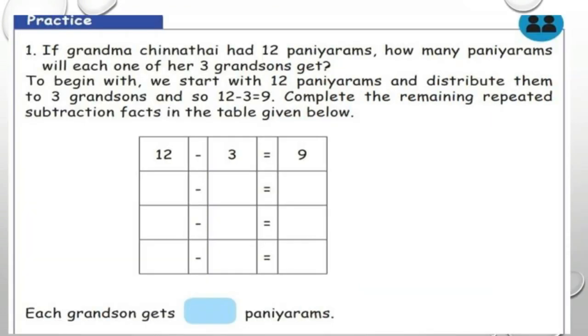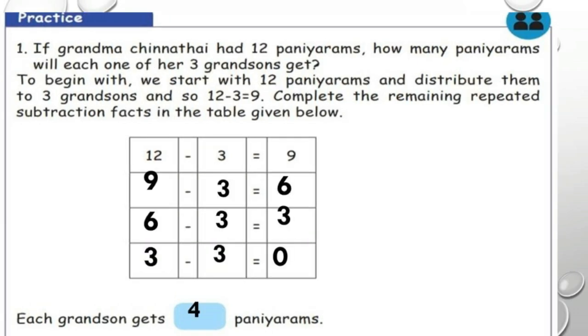Let us practice some more sums. If Grandma Chinnathai had 12 paniyarams, how many paniyarams will each one of her grandsons get? To begin with, we start with 12 paniyarams and distribute them to 3 grandsons, so 12 minus 3 is equal to 9. Now the grandma has 9 paniyarams, she distributes to 3 grandsons. So 9 minus 3 is equal to 6. Now she has 6 paniyarams.